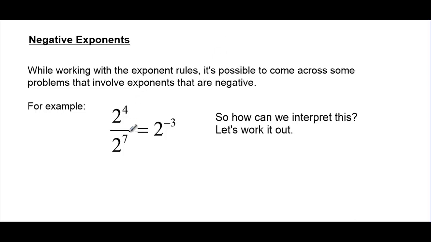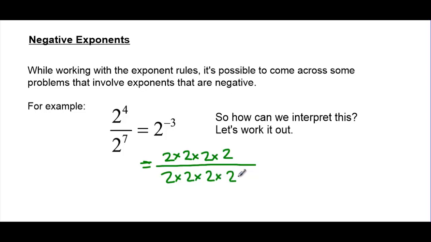Well, if we wrote this out, 2 to the exponent 4 divided by 2 to the exponent 7, we're going to write out all of these things. So this is going to equal 2 times itself 4 times, and then it's also going to be 2 times itself 7 times. That's a lot of 2's I need to write here. 5, 6, and 7. Well, let's reduce or cancel here. Everything's multiplying and dividing, so we can reduce or cancel.